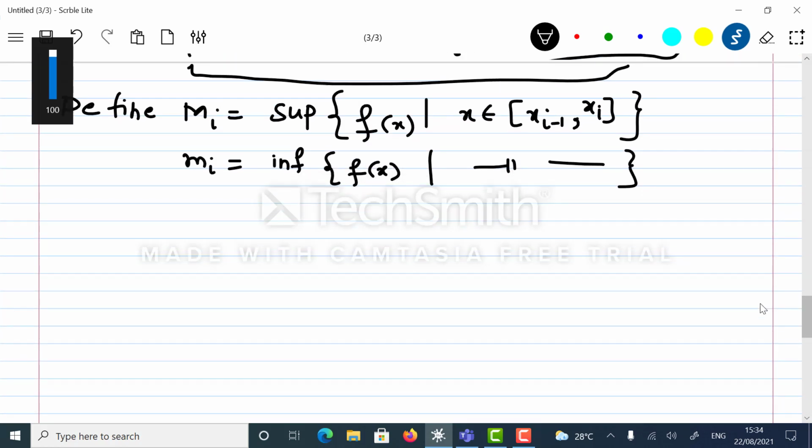So it's very clear that f at ci is definitely between the lower bound and the upper bound. Mi is an upper bound.